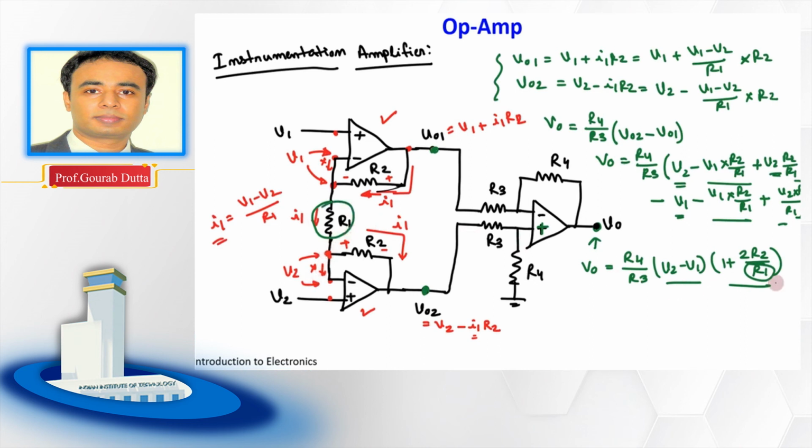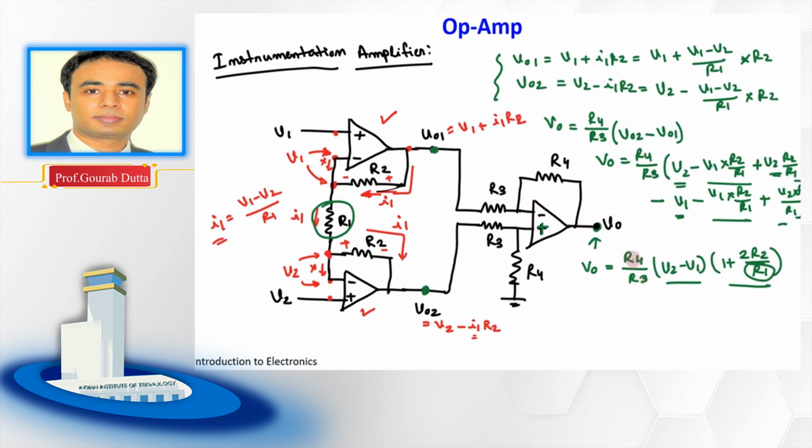So if you now change only the value of this R1, then you can actually control the gain of this instrumentation amplifier by changing only the value of this one resistor, right? Or maybe you can also think of, instead of this resistor, you can use a potentiometer, right? If you keep on changing this R1, the gain of this amplifier will also change, right?